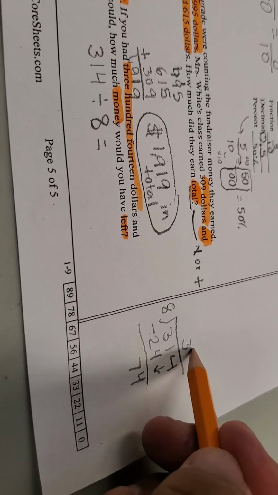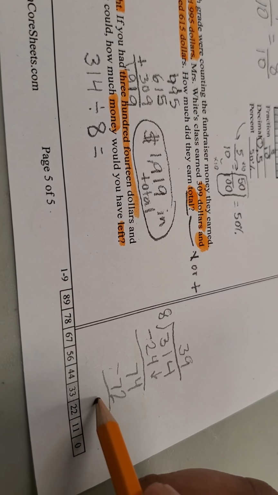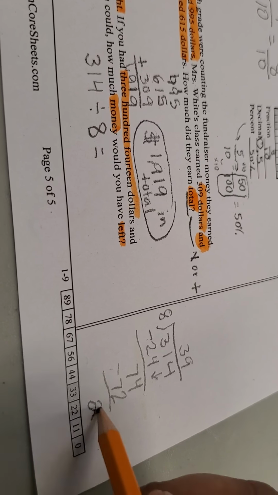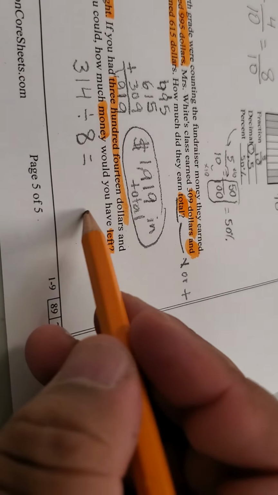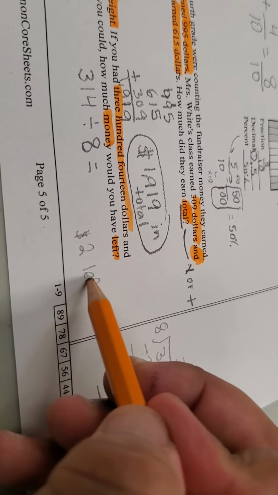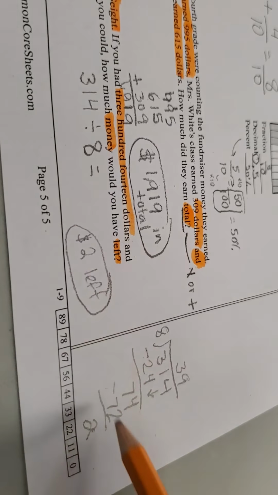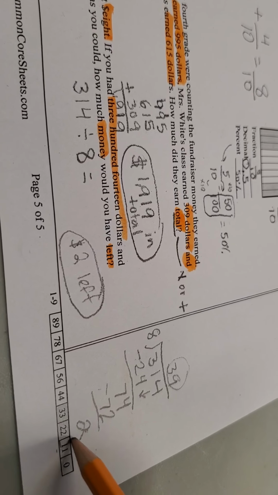I know 8 times 9 is 72. So I would have $2 left over, because I can't buy another box with that. I bought 39 boxes, but I want to know how much money I have left over.